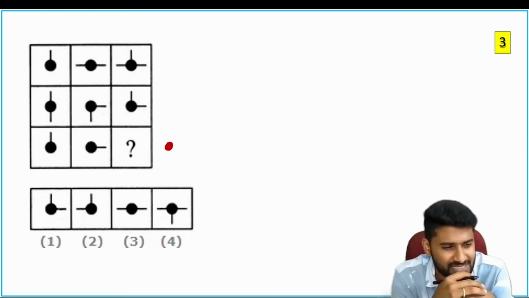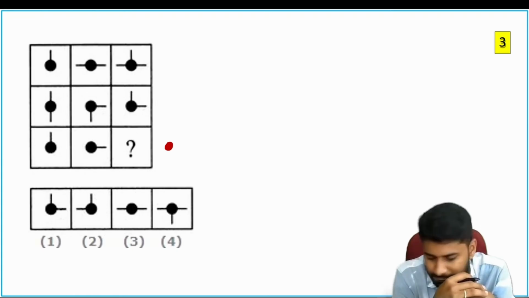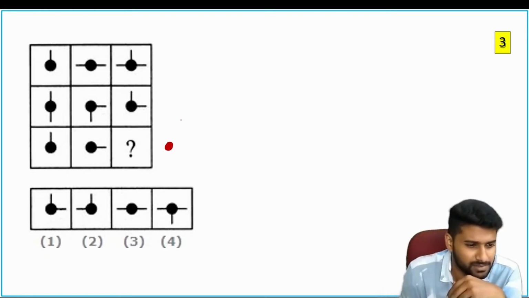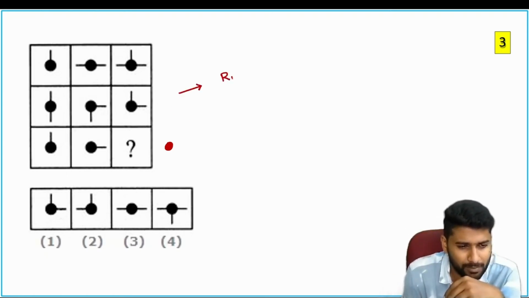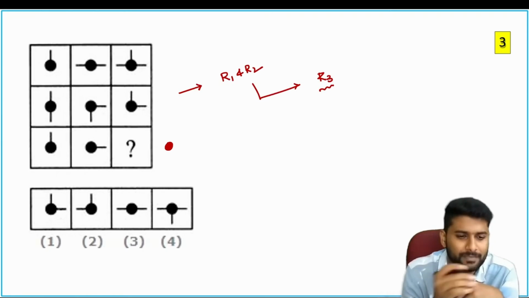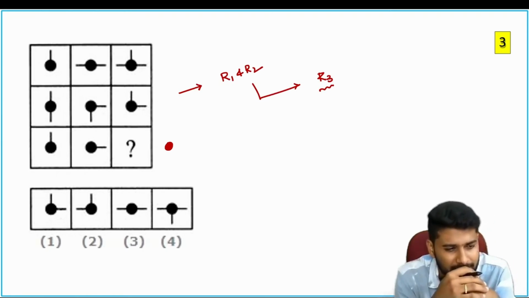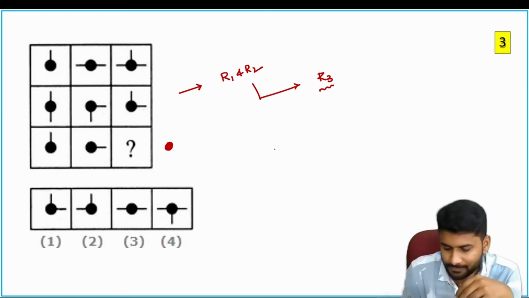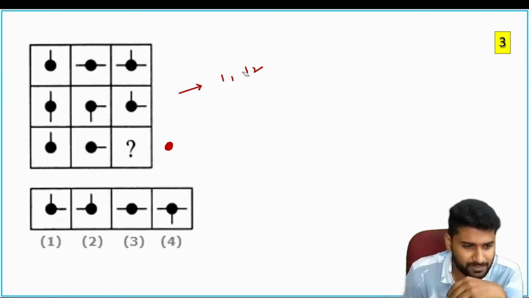Which lines do we have to consider? If you observe row number 1 and row number 2, based on that observation you will get row number 3.